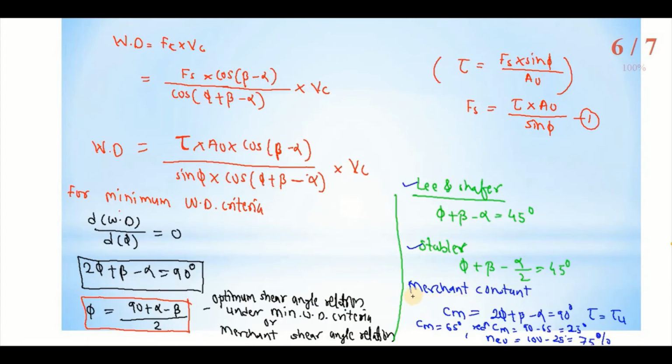So to find the energy utilization, we subtract the reduction in the Merchant constant from 100% to get the net energy utilization, or efficiency of energy utilization.